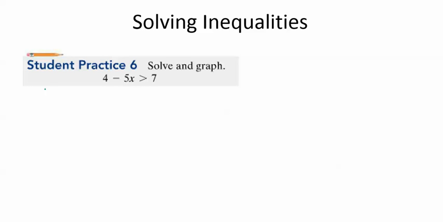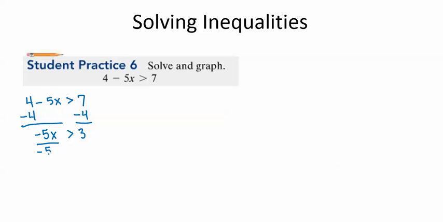Okay, are you ready? We have 4 minus 5x is greater than 7. This time, I'm going to leave the variable on the left, subtract 4 from both sides. When I do, I end up with negative 5x is greater than 3.